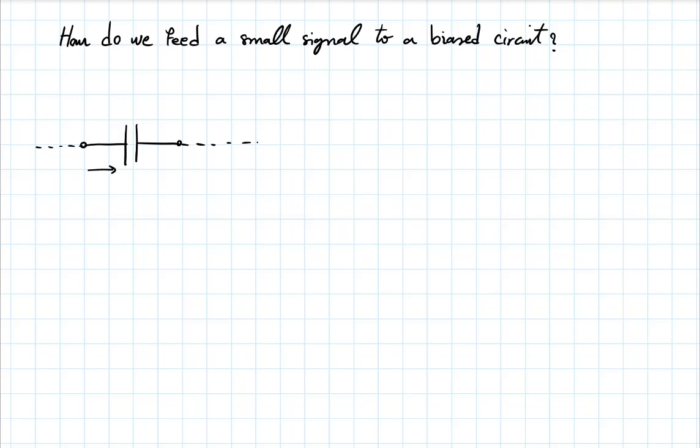DC steady state. 0, right? In DC steady state, this is like an open circuit. It's something we've been dealing with for a while. So basically, it's as if it doesn't exist. If you have a voltage V1 here and a voltage V2 here, in DC, there is no direct connection between them. That's an open circuit.